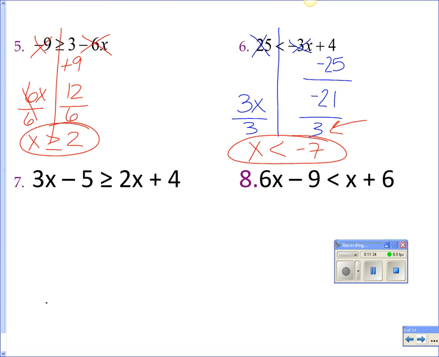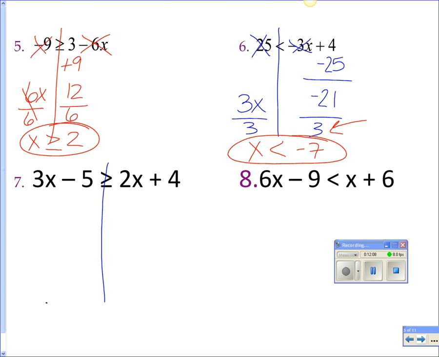All right, number 7. 3x minus 5 is greater than or equal to 2x plus 4. All right, Destiny, what do I want you to do first? What do I do first? Put a line.